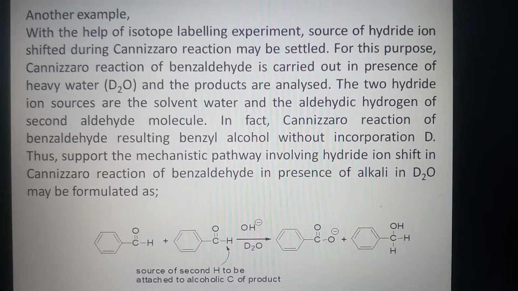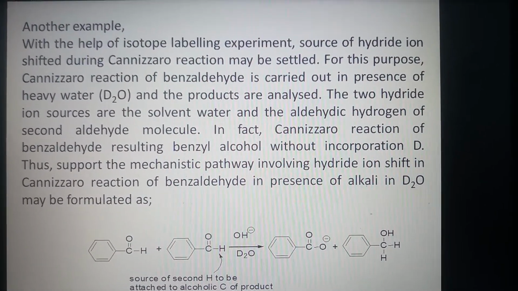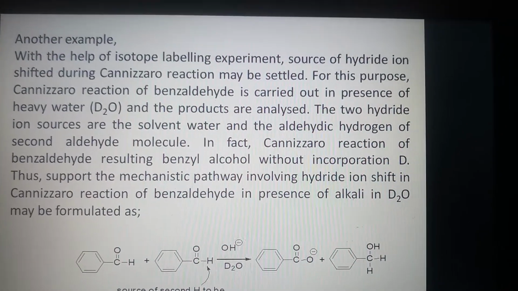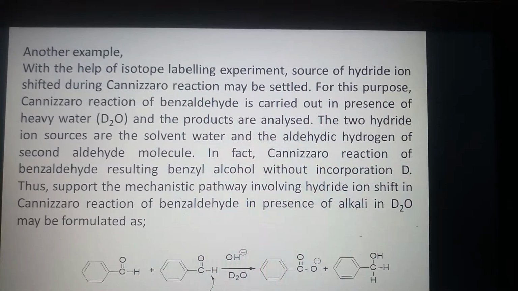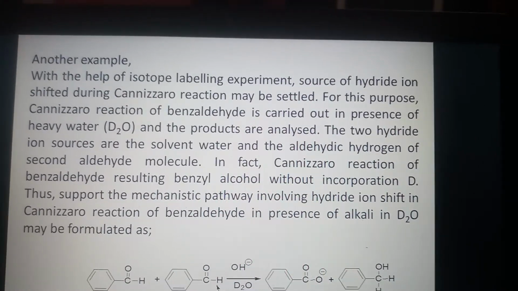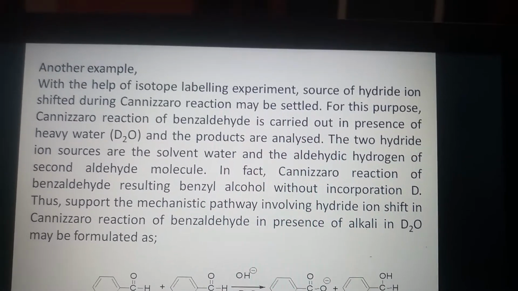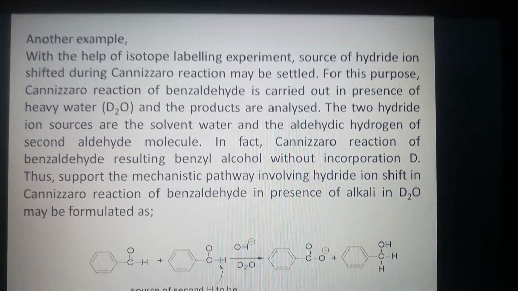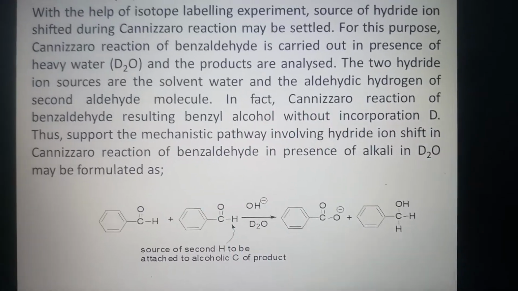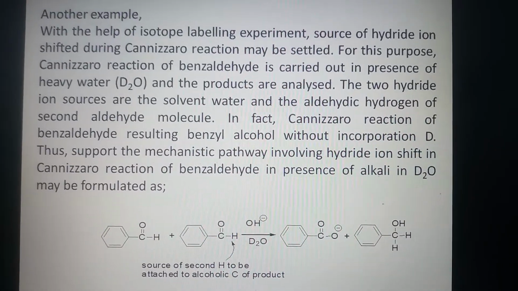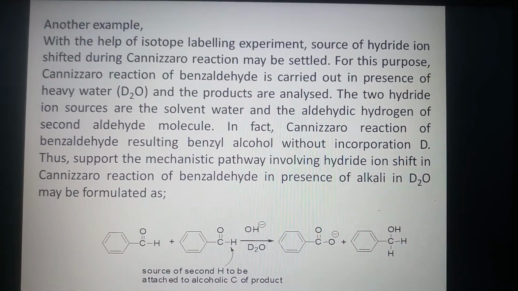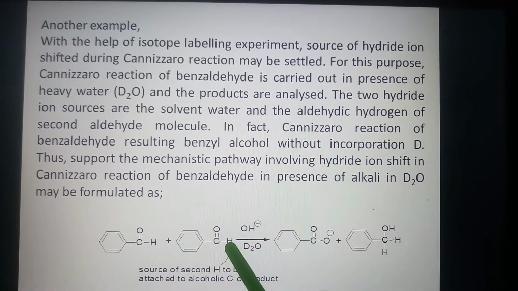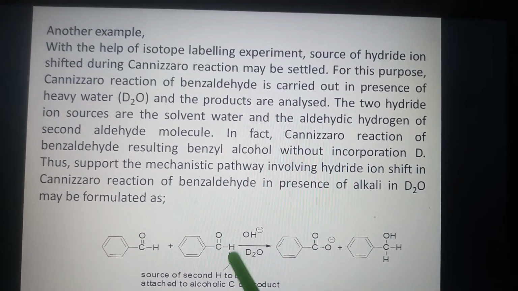Another example: with the help of an isotope labeling experiment, the source of the hydride ion shifted during the Cannizzaro reaction may be settled. For this purpose, the Cannizzaro reaction of benzaldehyde is carried out in the presence of heavy water, and the products are analyzed. The two hydride ion sources are the solvent itself and the aldehydic hydrogen of the second aldehyde molecule.